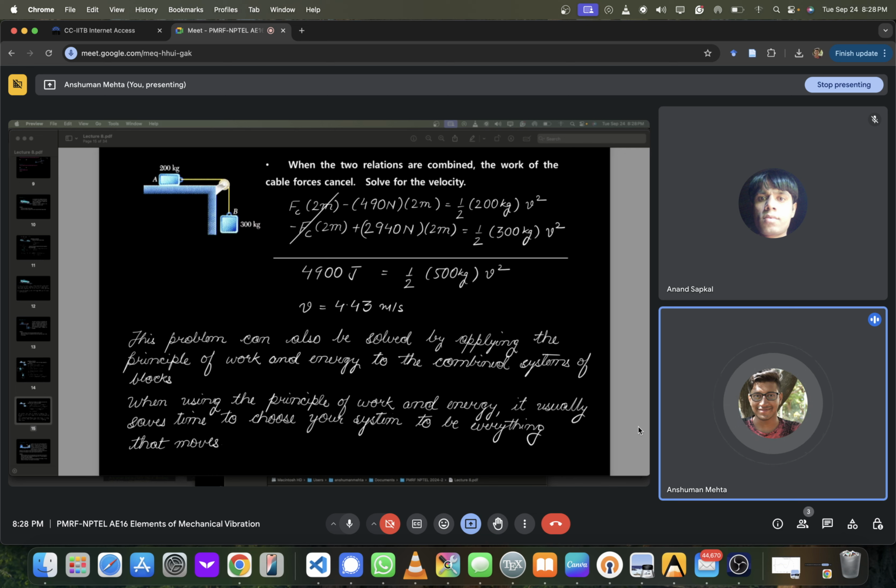Now here we have individually applied the work-energy principle to block A and block B, but we can also combine them, and then there won't be any use of FC. Actually this FC is the tension force, so hence it's a constraint force. To find this constraint force, we had to take individual values.